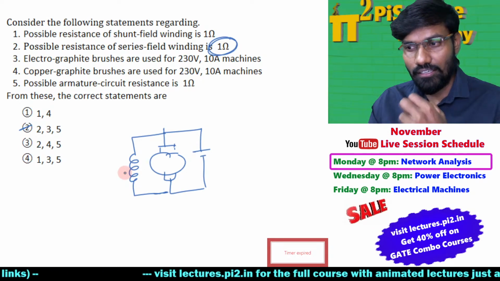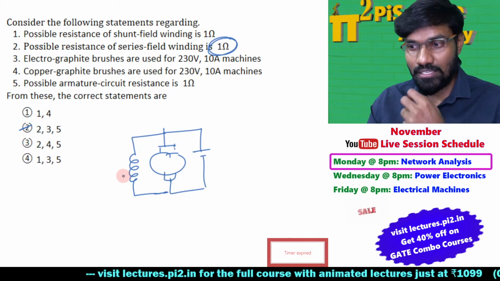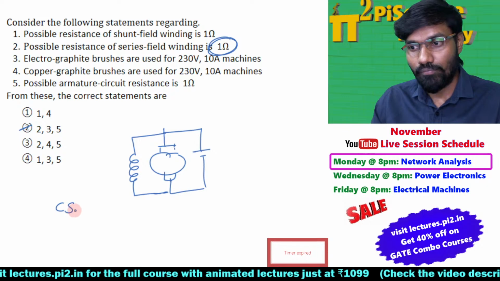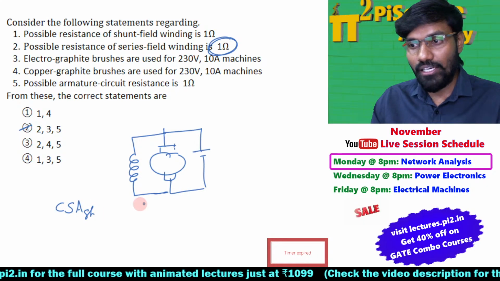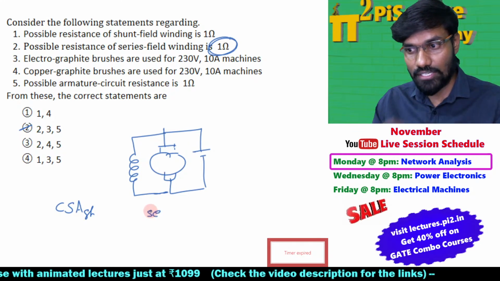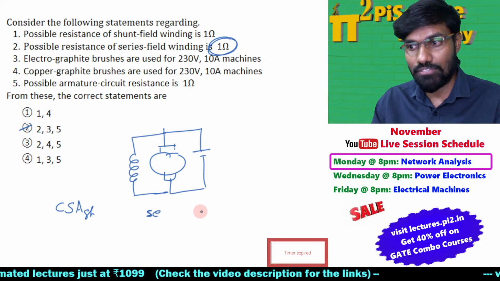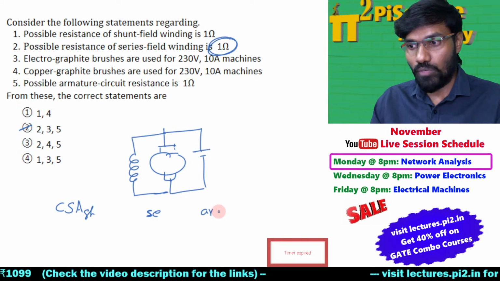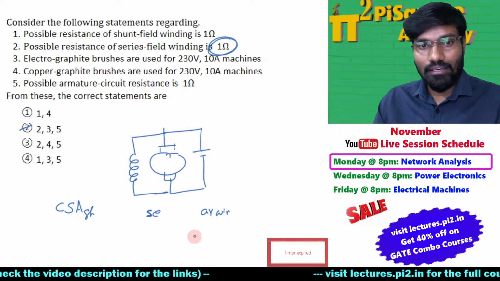Now, as the time has come, let's recall the conductor cross-sectional area of shunt field, series field, and armature winding. Tell me the sequence.